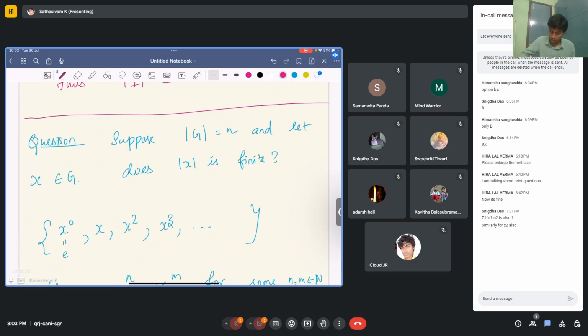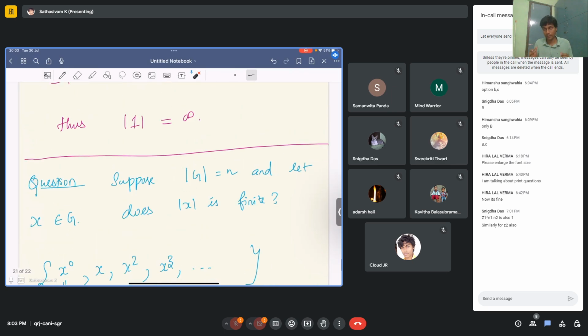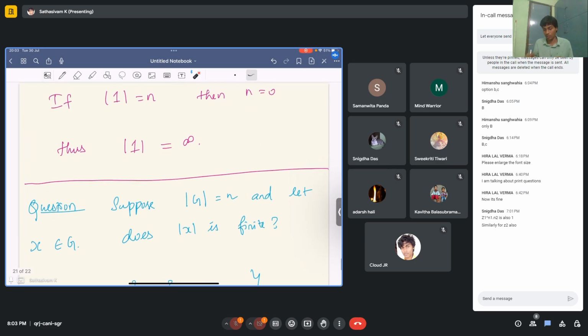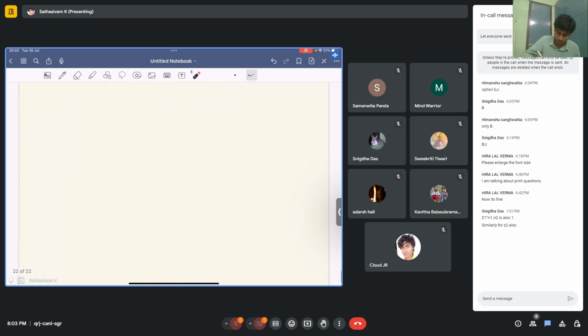But right now, what you can assume is, if a group has finite order, then every element has finite order. If the group has infinite order, the contrapositive of this statement tells you something, so this is also the truth. I will just write a fact. You can keep it as an exercise.